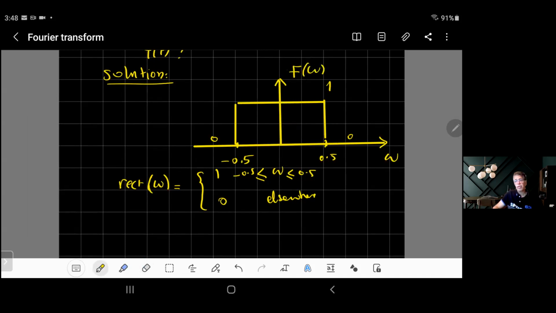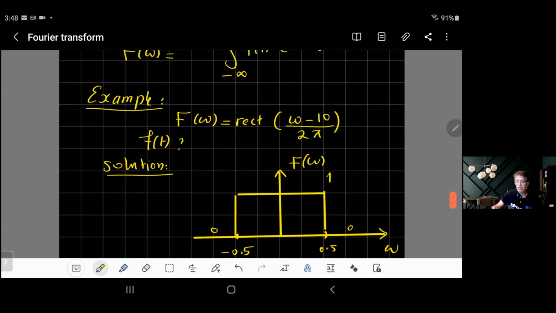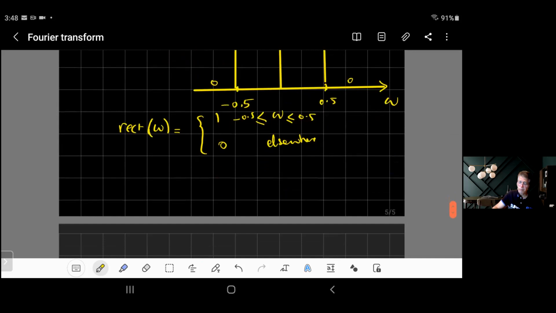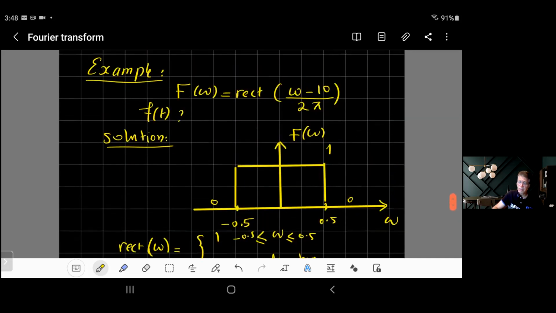So that's the rectangular function. This one is a rectangular function, but there is shift and scaling, there are many things in it, and it's not only a function of omega. So our job first is to adapt this given formula to the standard rectangular form.